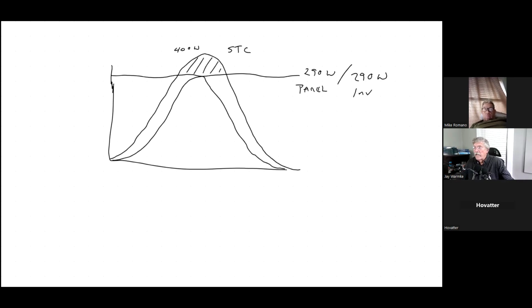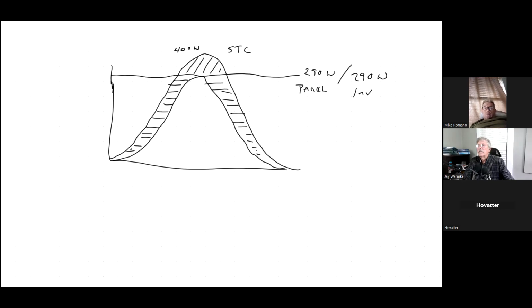I'm not capturing it. So on the surface of it, that looks bad, right? I'm basically saying, okay, I generated 400 watts, but I could only capture 290. But look at all the extra power that you're capturing. All of these on the shoulders is new power that you've captured because you had an oversized panel.